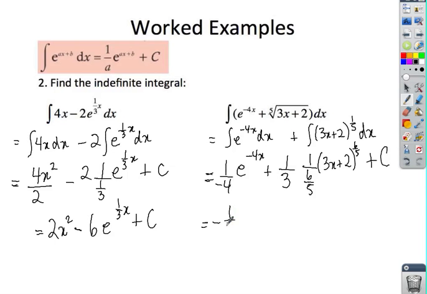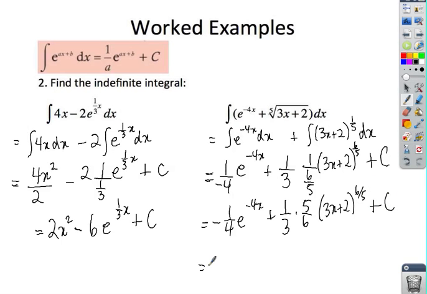We have negative 1/4 e to the negative 4x plus 1/3. 1 over 6/5 becomes 5/6. (3x plus 2) to the 6/5 plus c.